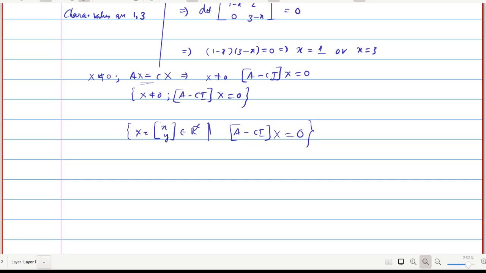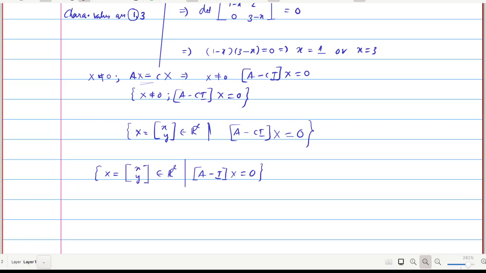So in order to get the characteristic vector corresponding to 1, we need to find the solution space of this equation, that is, the set of all x, y belonging to R2 such that A minus I, where C is 1 here, times x equals 0.